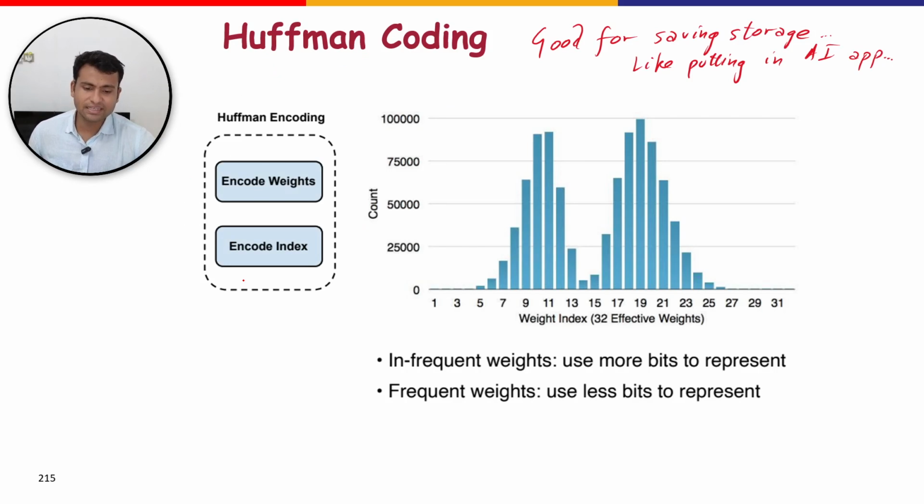And then finally, we do the pruning, we do the quantization, and then there is Huffman coding, in which we try to squeeze the extra little space which we have, we try to save even that.